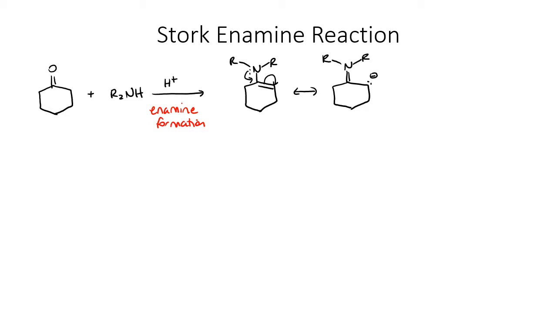So now at this point, the enamine can act as a Michael donor. So putting it in the presence of a Michael acceptor, such as this alpha-beta unsaturated ketone, we can see the conjugate addition occurring.